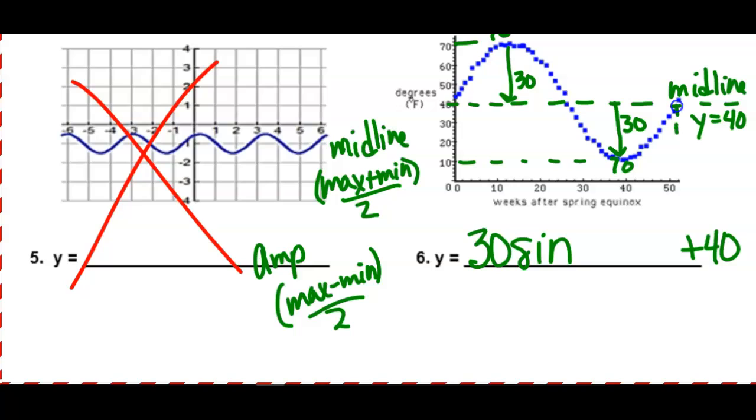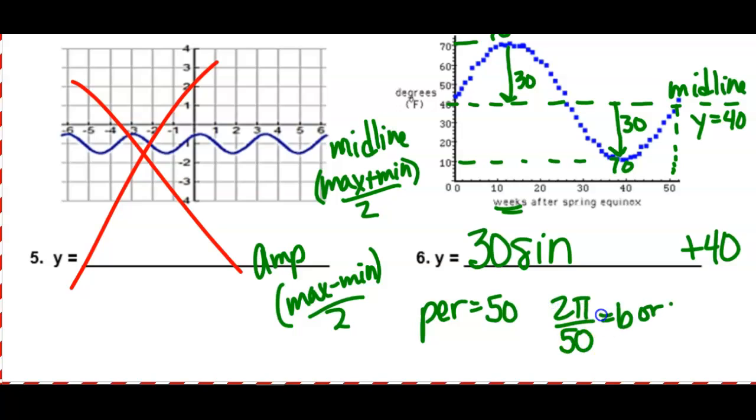The period, it's finishing at 50 weeks. So the period is 50. So what goes into the equation is 2 pi over 50. Or if we reduce, it's pi over 25. So we're going to have a pi over 25 times x in here.